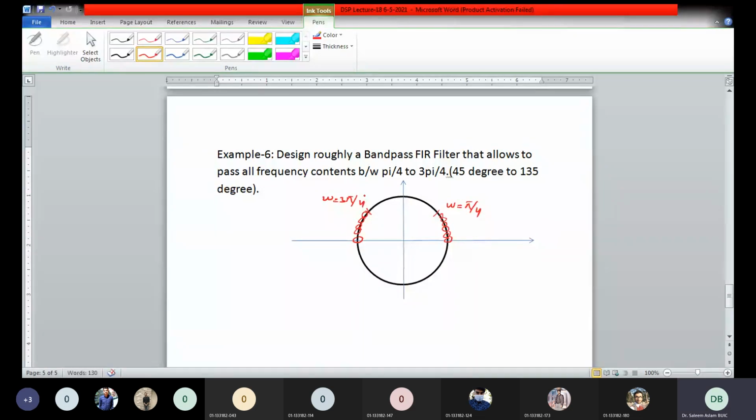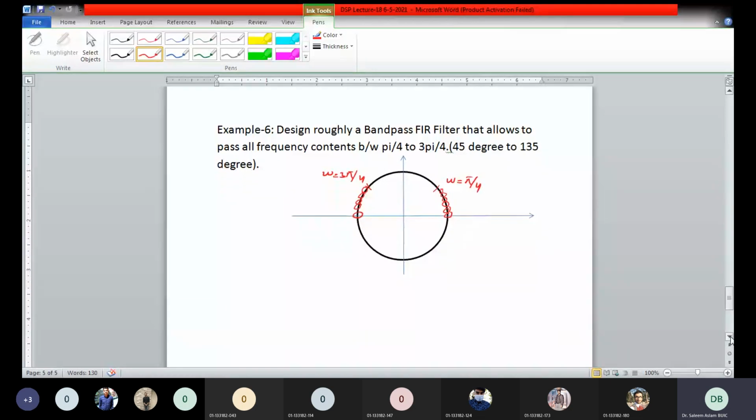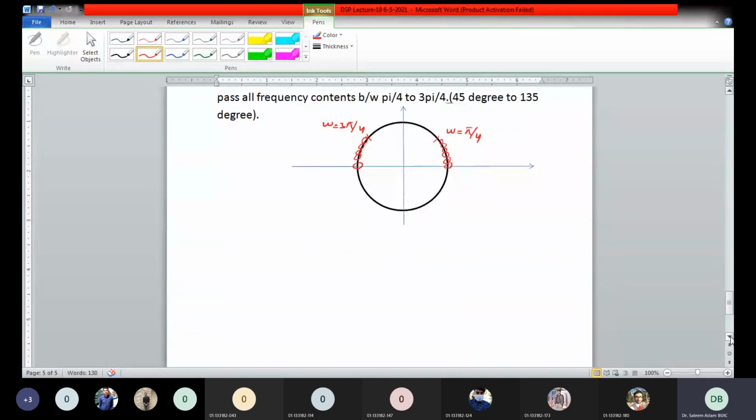So this is a band pass filter that allows the frequency content to pass between pi by 4 and 3 pi by 4. If we draw its magnitude spectra, this is pi by 4, this is 3 pi by 4, this is pi, this is 0. If you draw its magnitude response, this is omega versus this one.